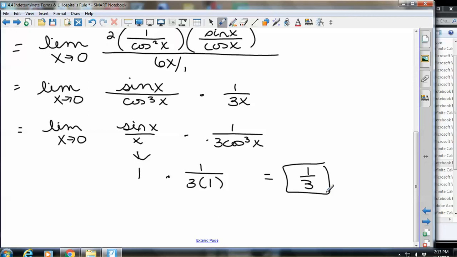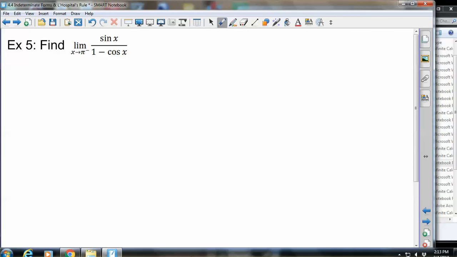Alright, question 6. The limit as x approaches pi from the left of sine x over 1 minus cosine x.